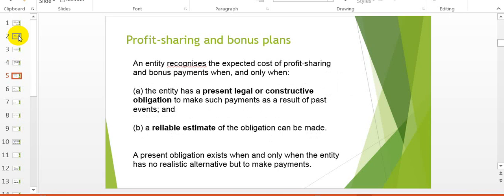Next, we move to profit sharing and bonus plans. An entity recognizes the expected cost of profit sharing and bonus payments when and only when both of the following conditions are met. The first condition is that the entity should have a present legal or constructive obligation to make such payments as a result of past events.